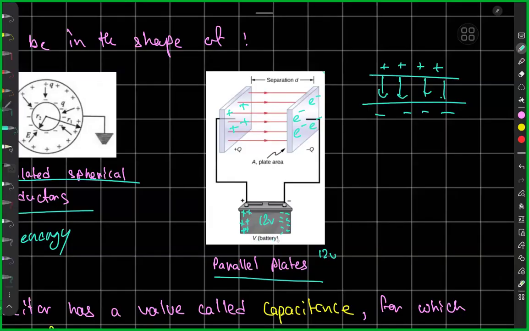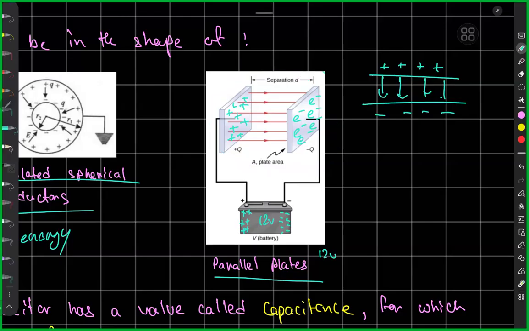Now, the same thing when I'm doing across the capacitor, shouldn't it also be 12 volt? Because I am accumulating electrons over here, and accumulating positive charge over here. So whatever the potential difference is over here, 12 volt, it will be the same across here.